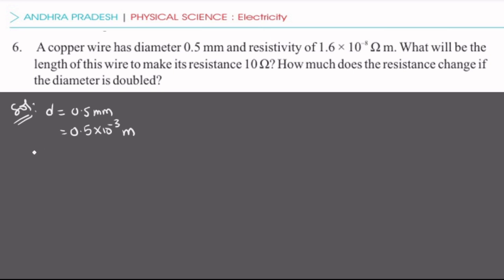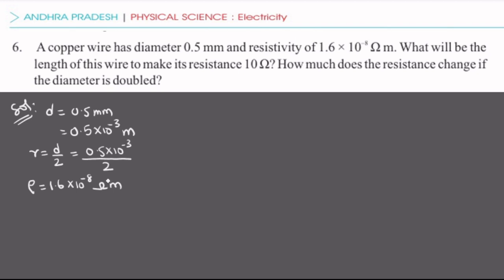So radius is nothing but half of the diameter, so that is equal to 0.5 into 10 power minus 3 by 2. Okay, now resistivity means specific resistance, it is given as 1.6 into 10 power minus 8 ohm meter.